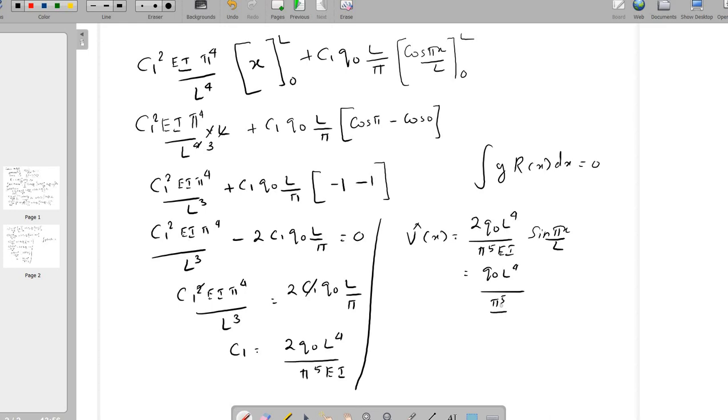You bring 2 to the denominator, so that you can get a constant value for that term, that is pi power 5 by 2. So we get the value as Q naught L power 4 by 76.5 EI. So kindly check the answer.